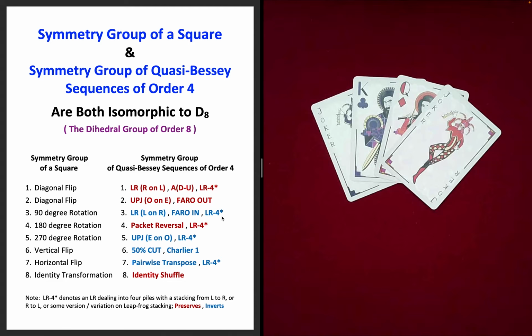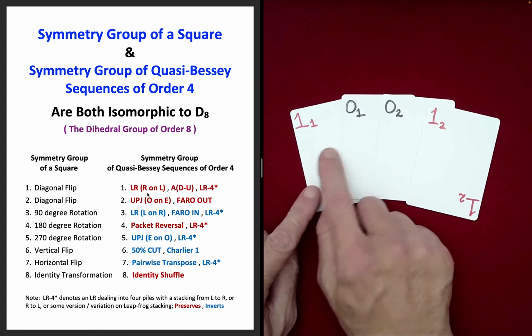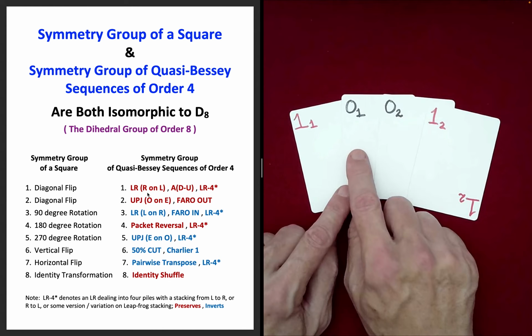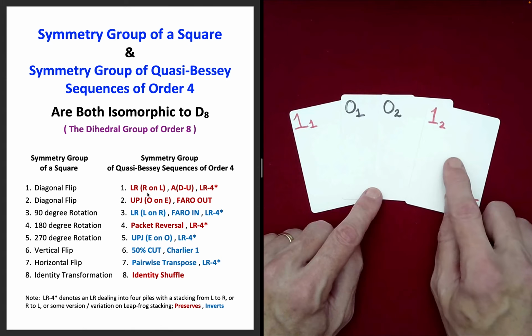And then to study it further, what we can do is go ahead and give subscripts to these particular values. If you think of this as 1, 0, 0, 1, this is the first 1, this is the first 0, the second 0, and then the second 1.